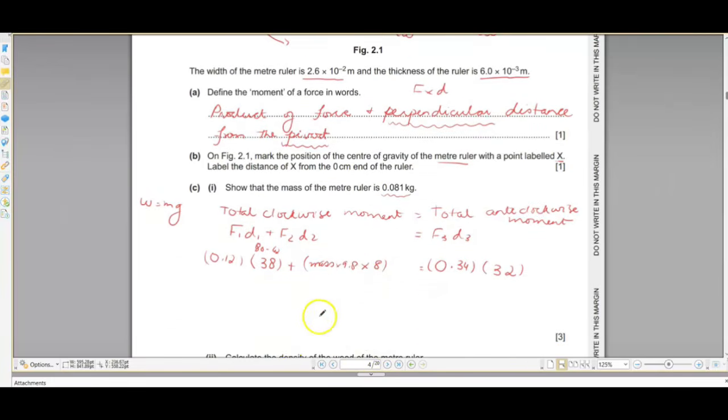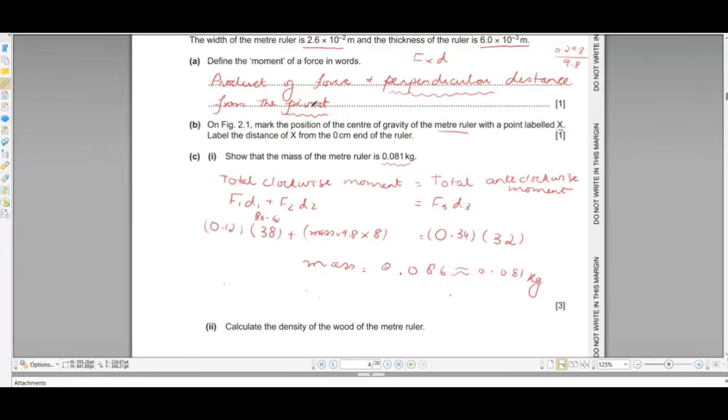When you solve everything together, the mass comes out to be 0.08, and this can be rounded off to 0.081 as well. Once this is done, let's move to part 2.